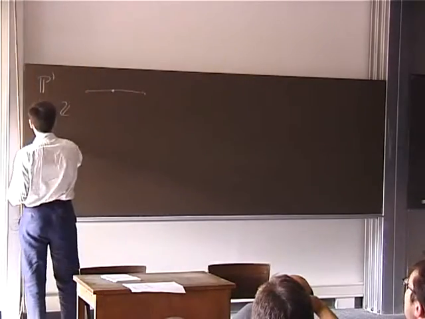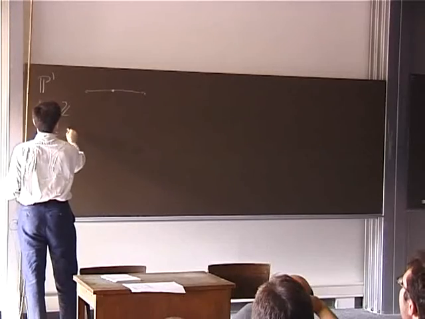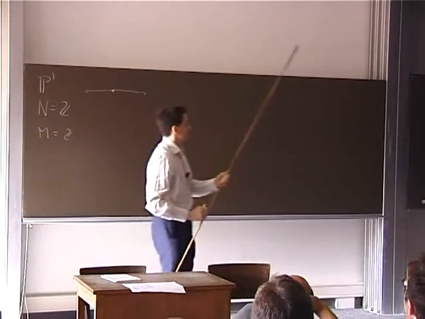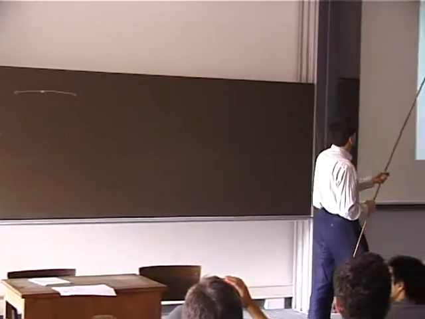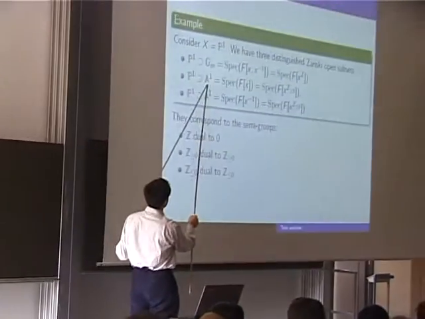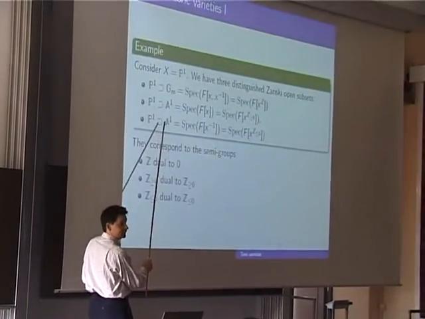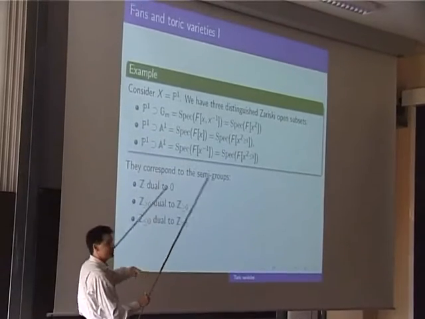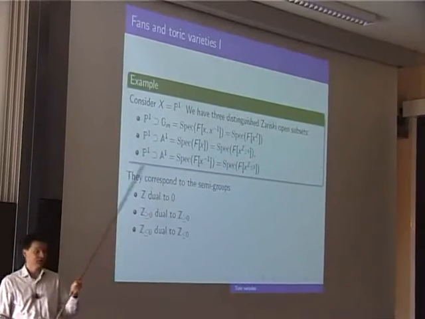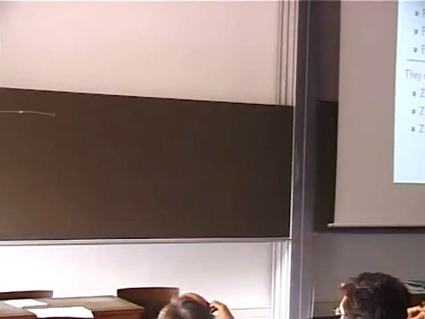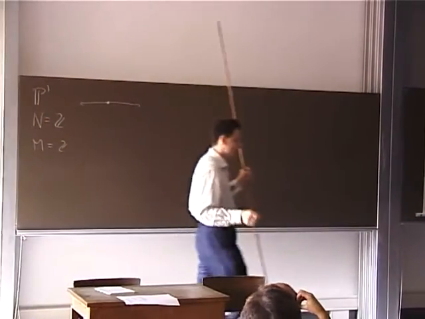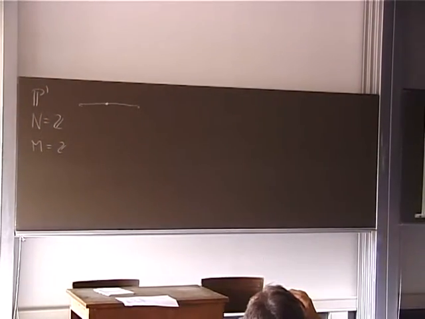In the dual picture in M, we get these distinguished semigroups, and then we glue them somehow. For example, this G_m sits both in here and in here, and those two, A1 and A1, intersect. The intersection is G_m. And so this is a combinatorial description of the gluing data.